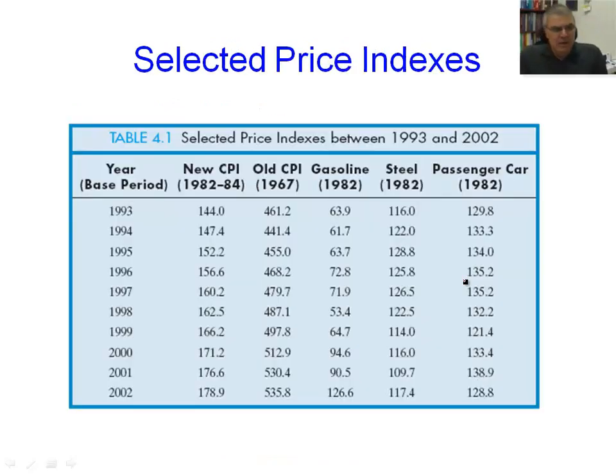So here's an example of the selected price indexes between 1993 and 2002. Again, year is given here in this table. The old CPI was established in 1967. From time to time, governments need to go ahead and actually correct those.